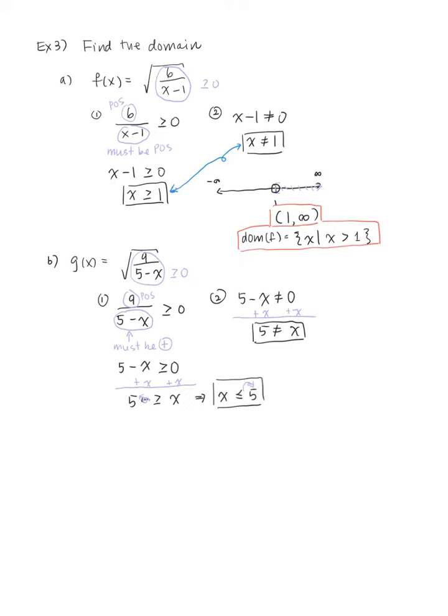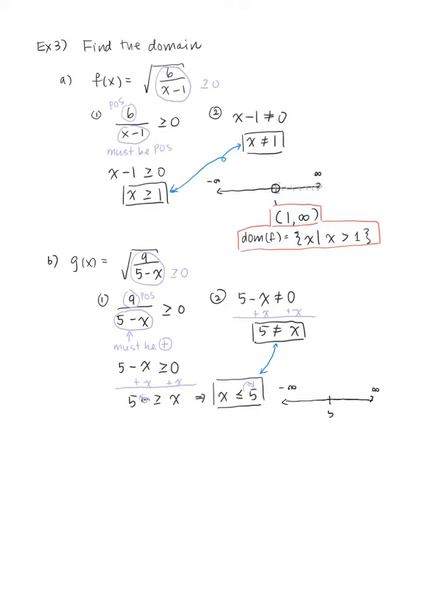Now let's analyze the situation here. This is telling us that the domain is going to be the set of x values such that x must be less than or equal to 5, but at the same time, x cannot be 5. I'm just going to draw the situation out.